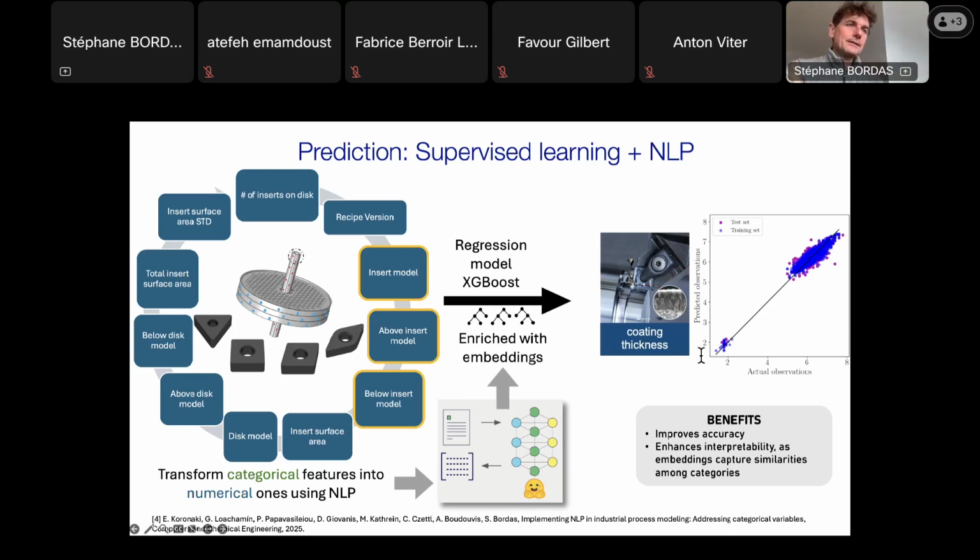And here, what you see is the predicted observations versus the actual observations. You would like this line to be exactly y equals x, essentially the first bisector. And what you see is that, okay, it's not perfect, but if you look in detail at the training set and the test set, because obviously when you train a machine learning model, you train it on a part of the data and you test, verify, or validate it on the rest.